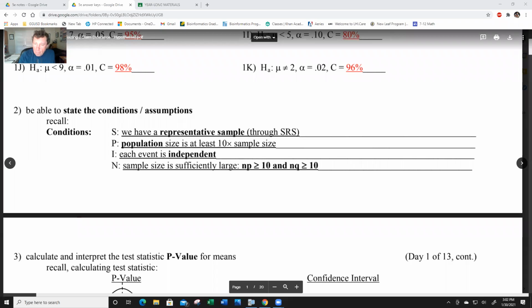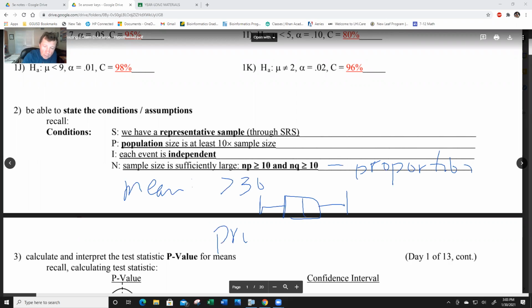So this would be for a proportion, correct? For a mean, we need it to be greater than 30. We need the box plot to be somewhat normal, or we need the prompt to state normal.